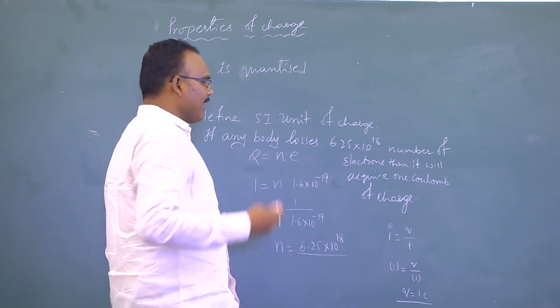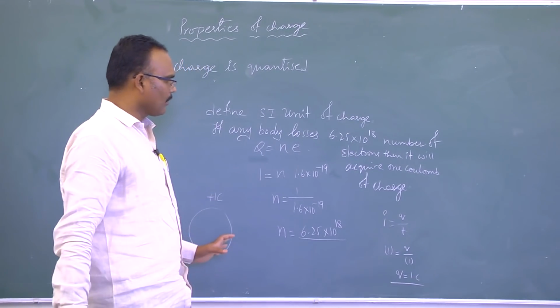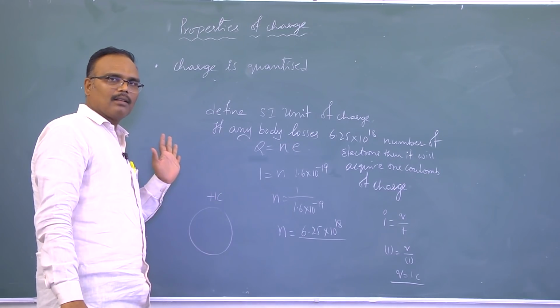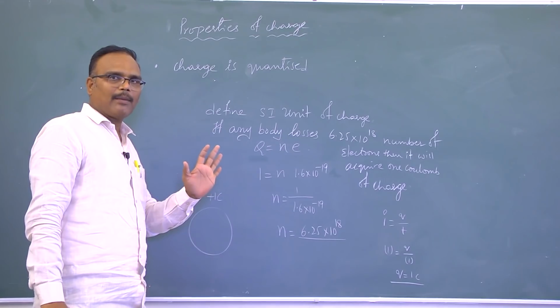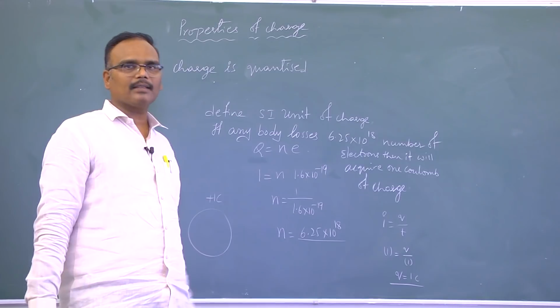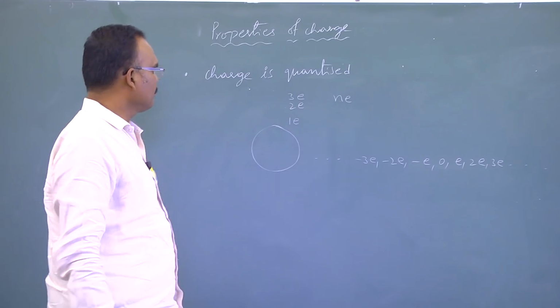So we can define it like this: 1 coulomb of charge is the amount of charge passing through a conductor when 1 ampere of current flows through it in 1 second. In that way also we can define.